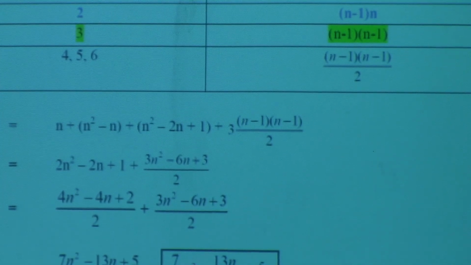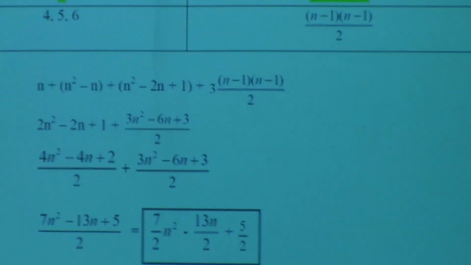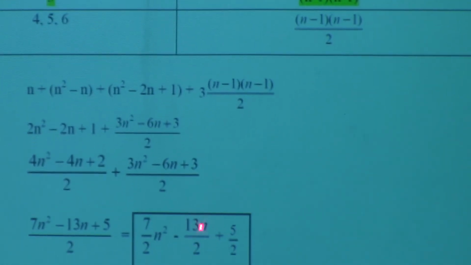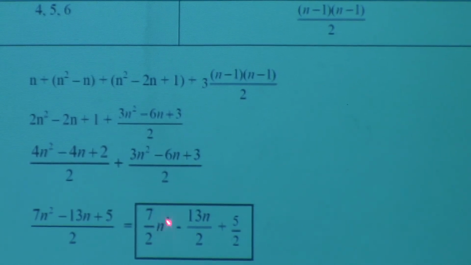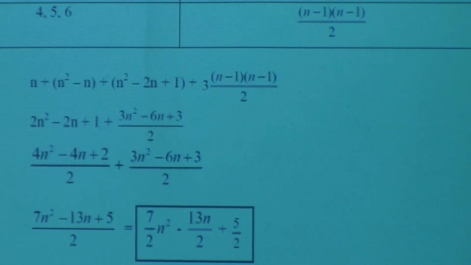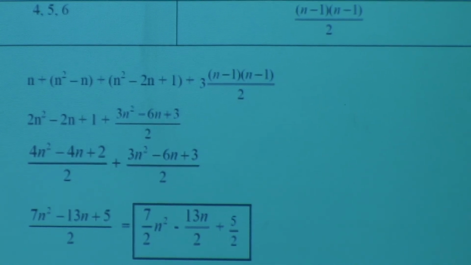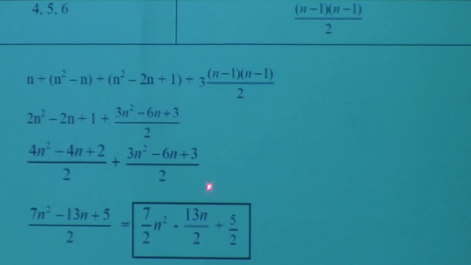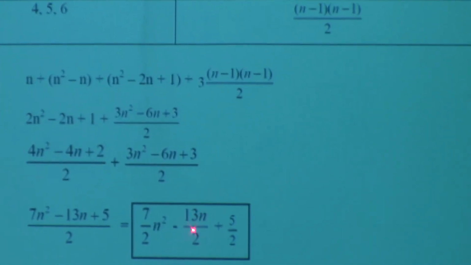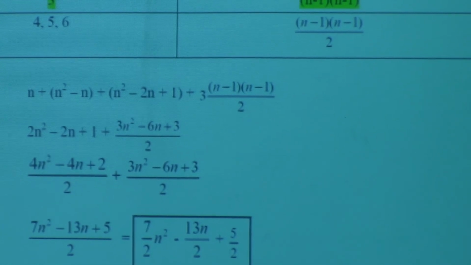When n is a million, this is 3.5 trillion, and this is 7.5 million. When n is 1,000, this is 3.5 million, and this is 7.5 thousand. So you can see as n is increasing, the n term is getting blown away in magnitude by the n squared term, and of course the constant is just 2.5.